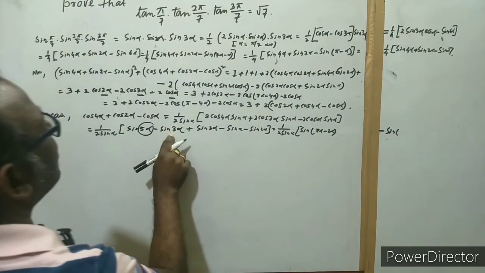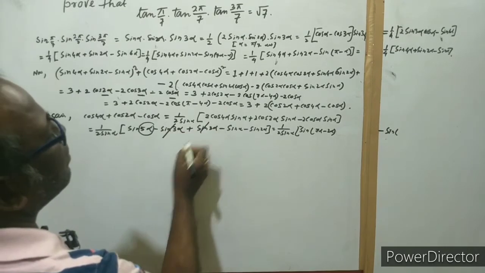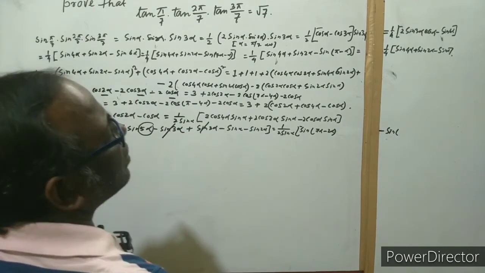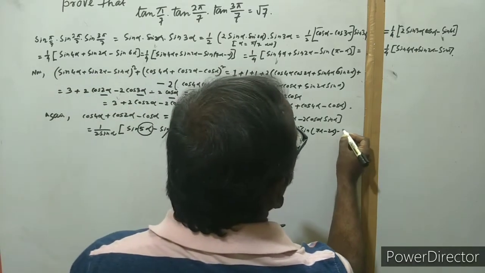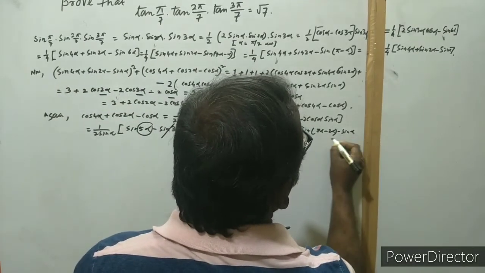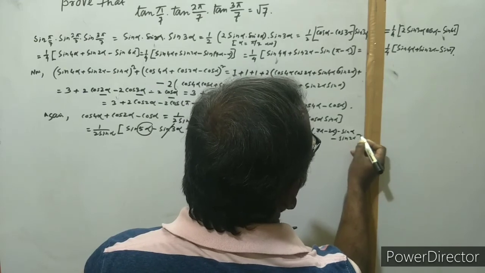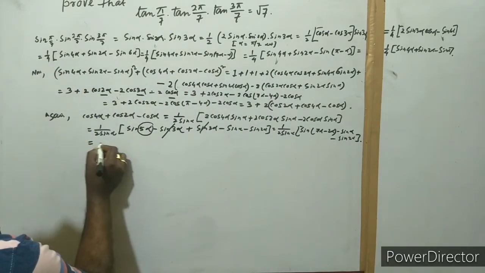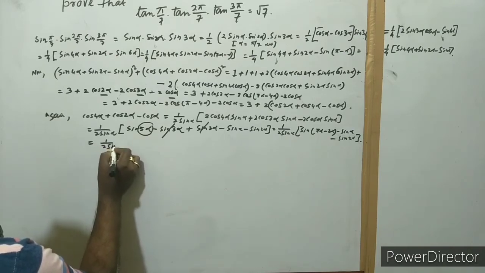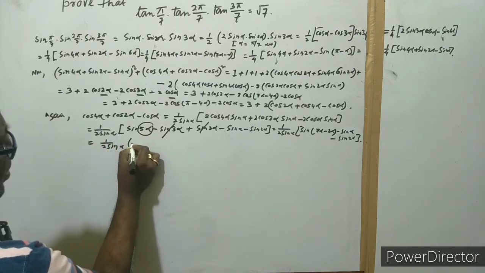we can write here, oh no, these two factors are cancelled, so we can write easily minus sin alpha minus sin 2 alpha. Okay, so that is here 1 by 2 sin alpha.